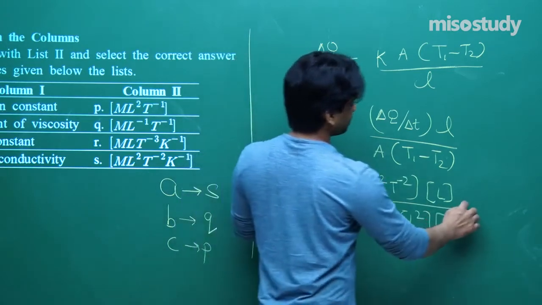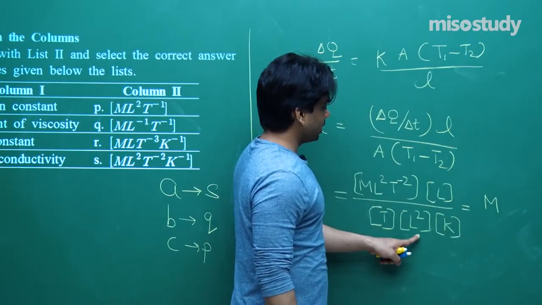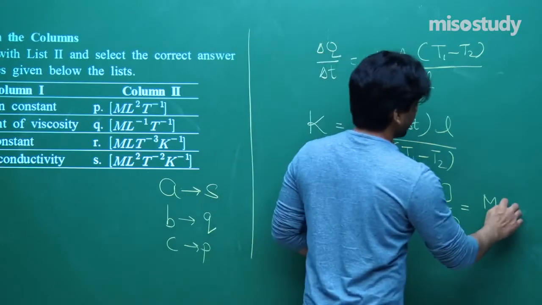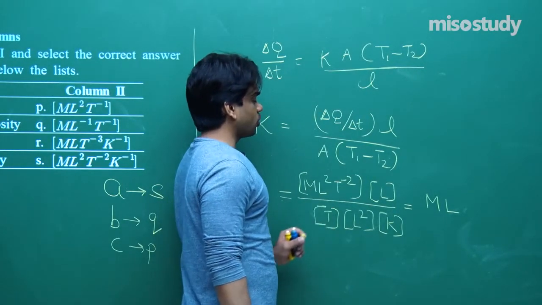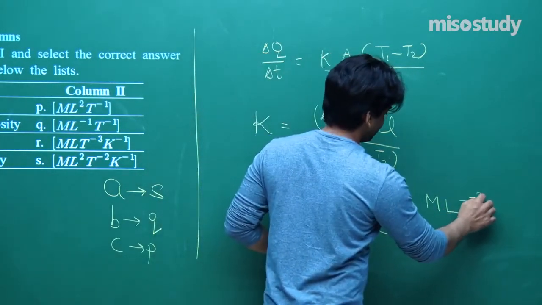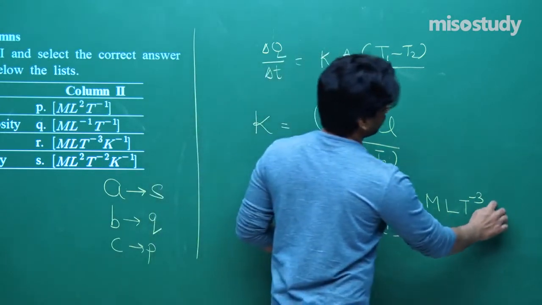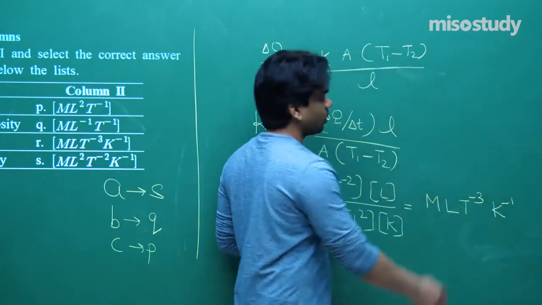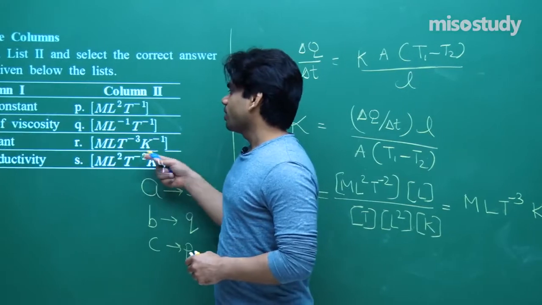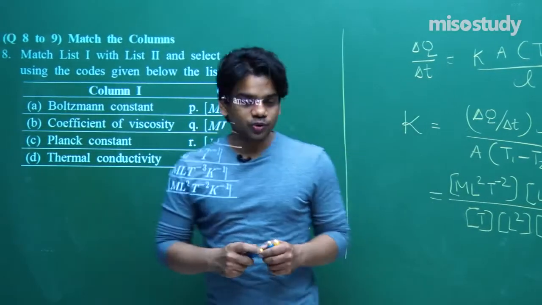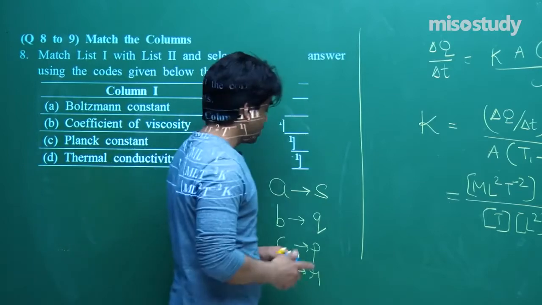We'll have M L power 2, one L will be cancelled out, so ML T power minus 2, and with the time in the denominator we'll have T power minus 3. And then we'll be left with K power minus 1. ML T power minus 3 K power minus 1, that's option R. So D goes with R in this given matching question.